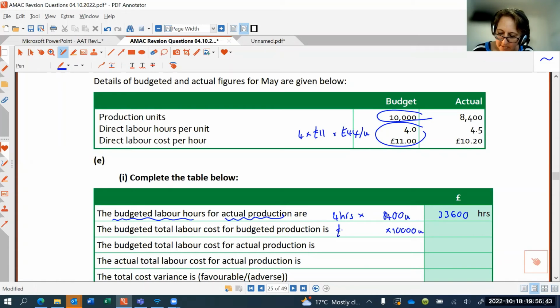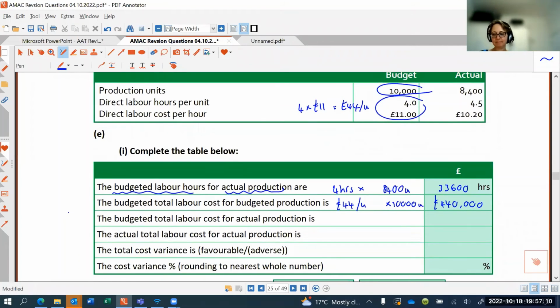So now it wants to know what is the cost of the budgeted production. I say, well, it's £44 for one, 10,000 altogether. Do you agree? £440,000. Excellent. Well done, Rebecca. Thank you. And Laurel as well. Good. Getting the hang of these.